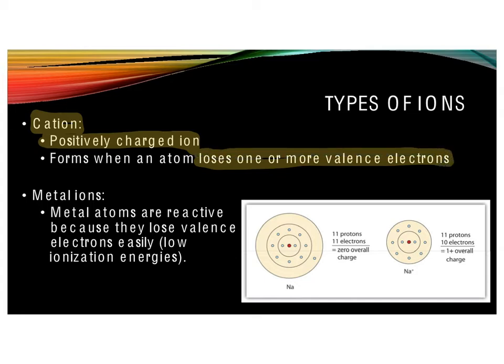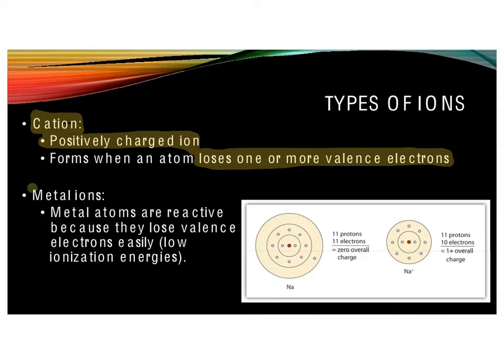It gets a little confusing when we start dealing with d and f electrons because they're not technically valence, because their energy level is lower than the valence energy level. But for the most part, we're talking about these valence electrons, and we can look at it in terms of the two major types of elements and how they react.